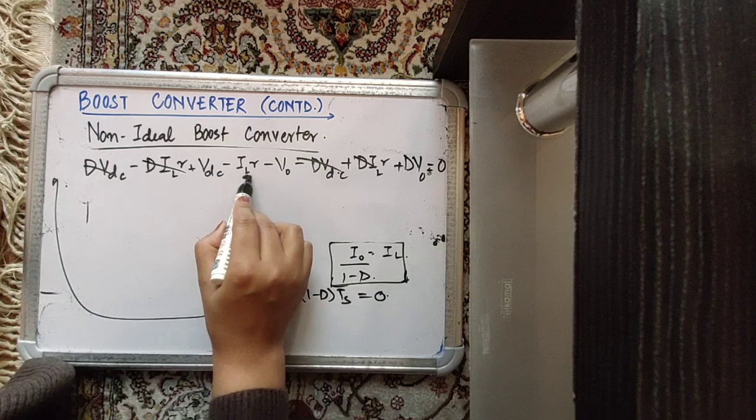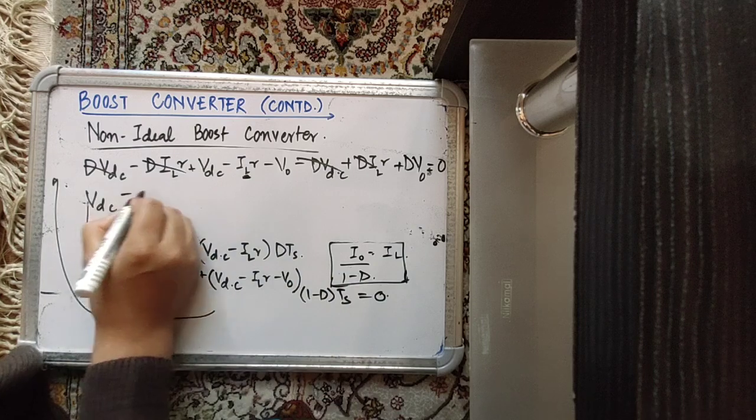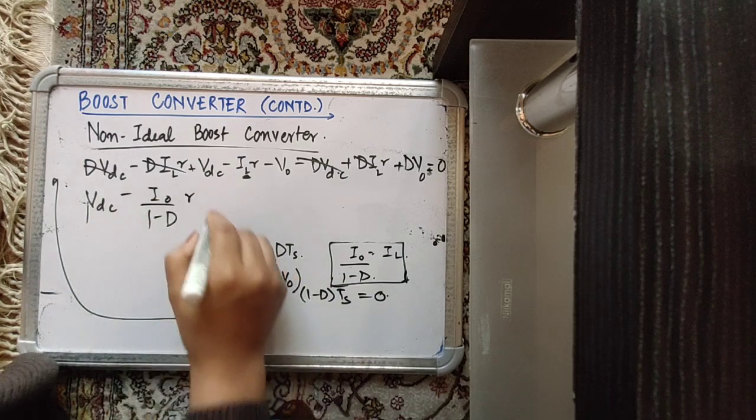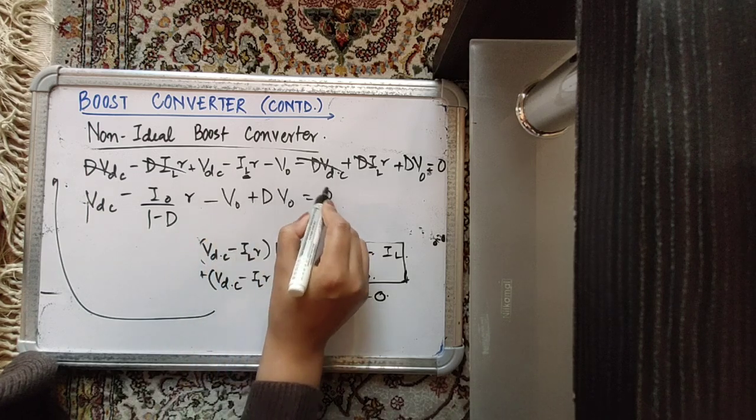Now here, in place of IL, I want to substitute I naught. So I can write I naught upon (1 minus D) into R, minus V naught plus D V naught is equal to 0.